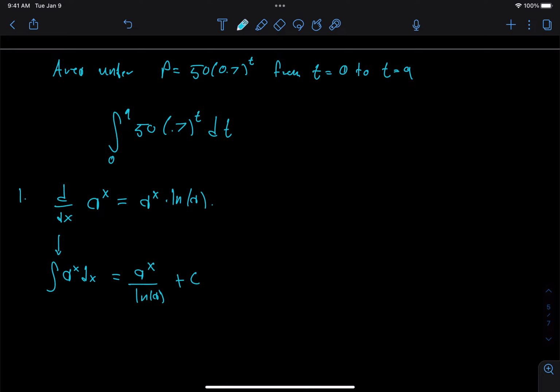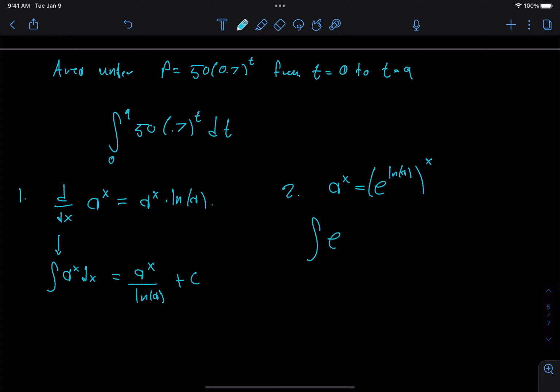The second method is to recognize that a to the x is the same thing as e to the ln of a, all being raised to the x power.